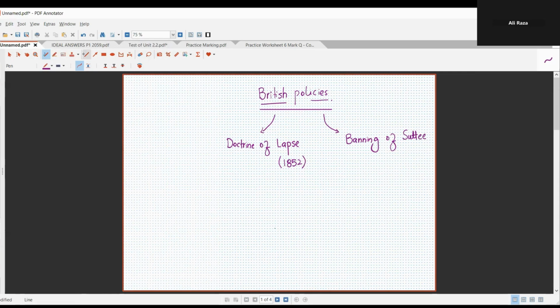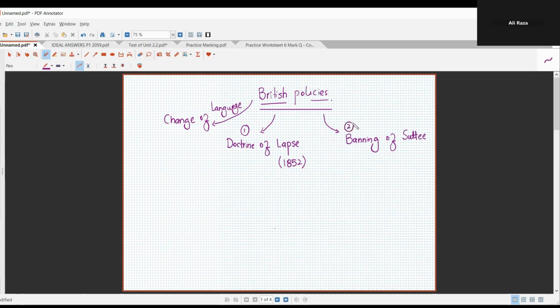इसी तरह there was a policy of changing the language as well. Change of language. इसके बारे में हम different reasons उठा रहे हैं, but we will be going for only one reason that we can elaborate on. So change of language of administration was another reason that could be considered as a policy of British.